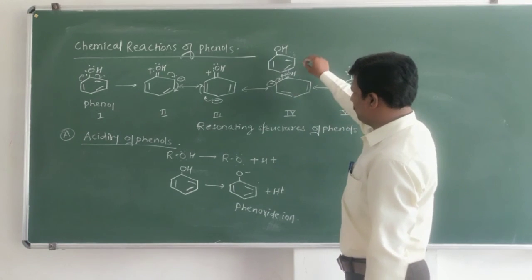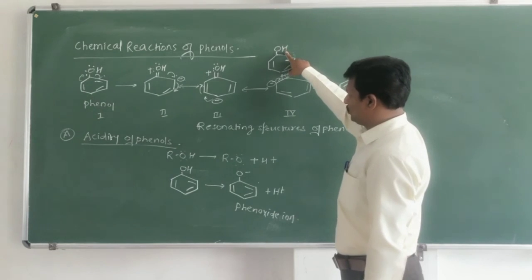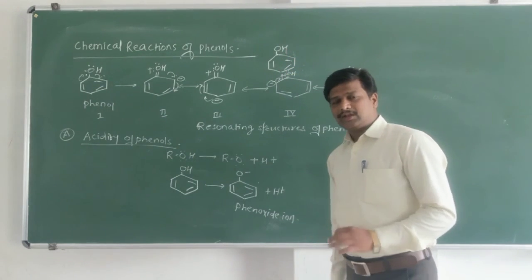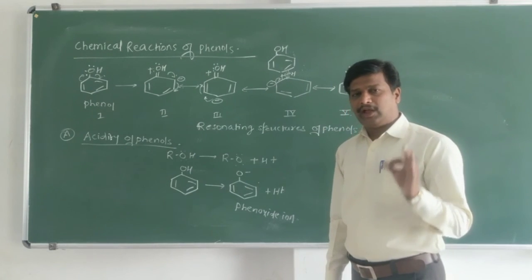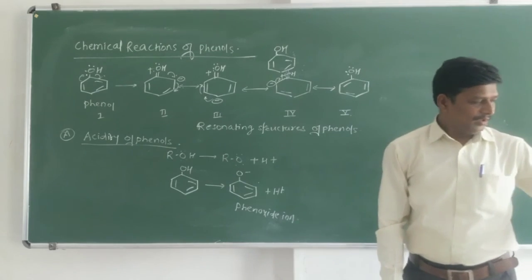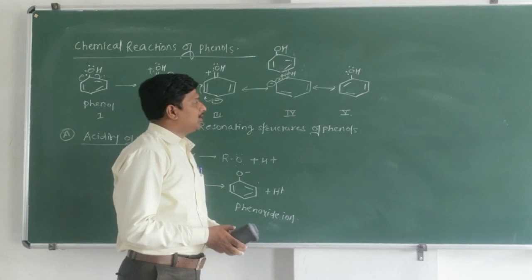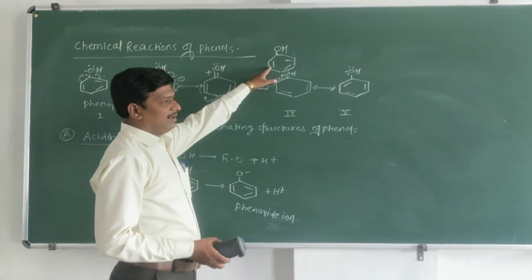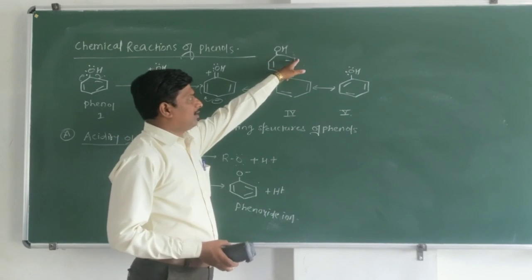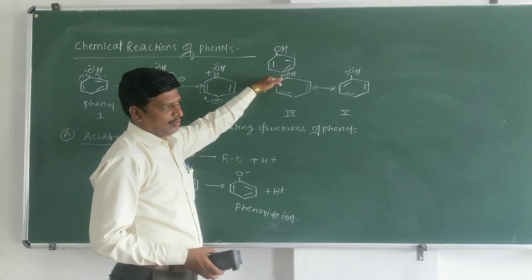And as phenol is a bifunctional compound, and the reaction takes place due to the OH group and the benzene ring, phenol undergoes electrophilic aromatic substitution reactions. Now, why does the reaction take place as electrophilic aromatic substitution? Because from this phenol the hydrogen atom gets replaced, therefore the reactions are electrophilic.